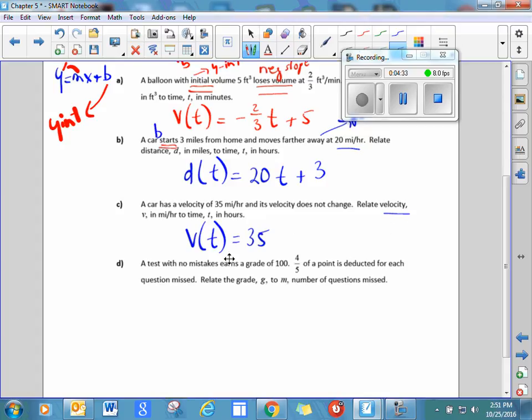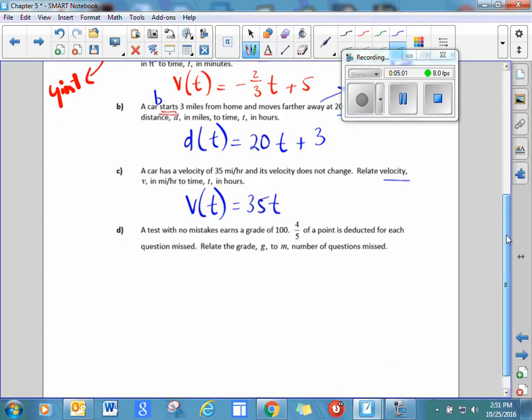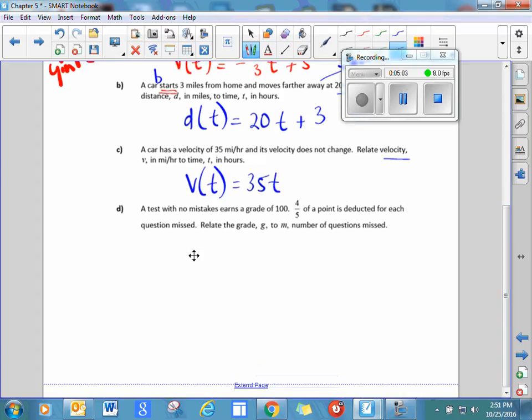However long he goes, it is just 35. 35t, I'm thinking. And it doesn't change. So this is your slope, and the velocity doesn't change. I'm not sure about that one. Have to recheck that one.